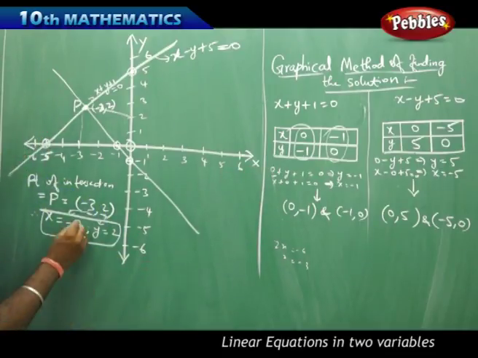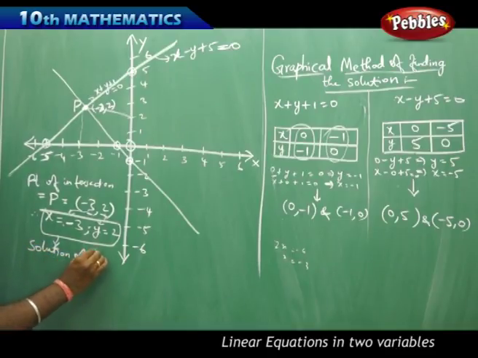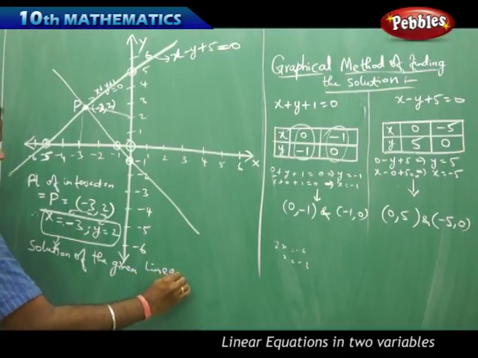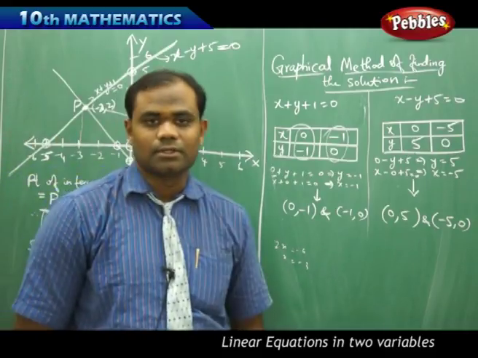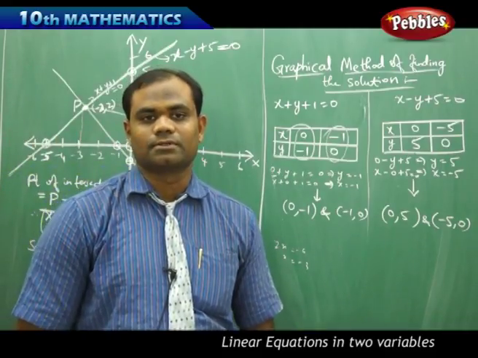So the x coordinate of the point of intersection, which is -3, and the y coordinate, which is -2, will be the required solution of the given linear equations. That is how we get the solutions.